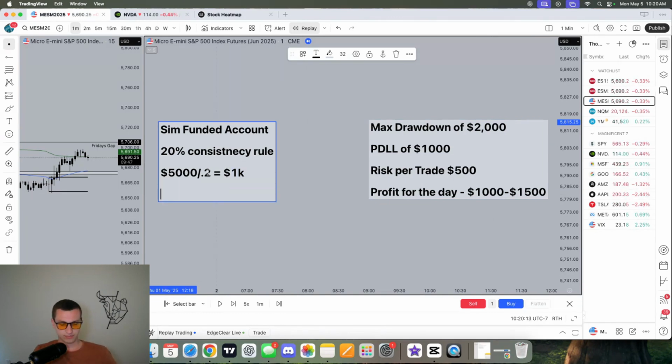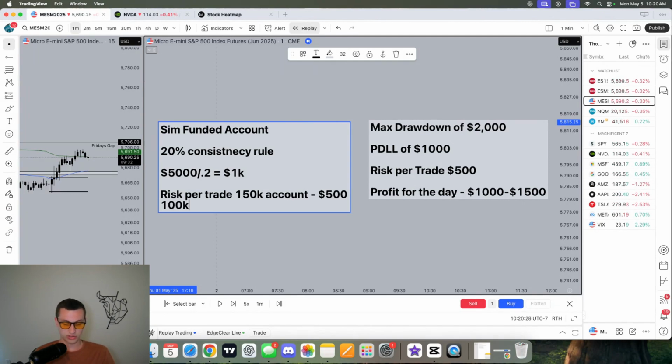So with that being said, let's get down to risk per trade. Now, I recommend for a 150K account, risk per trade is around $500. For a 100K account, I would do $350. And for a 50K, $200. This is going to keep you in the game for longer.